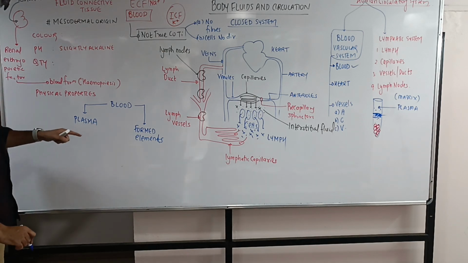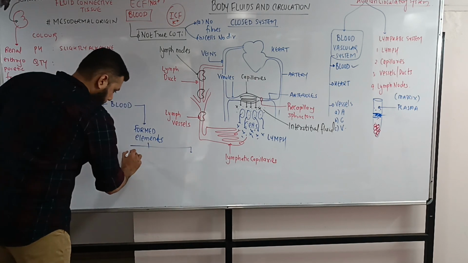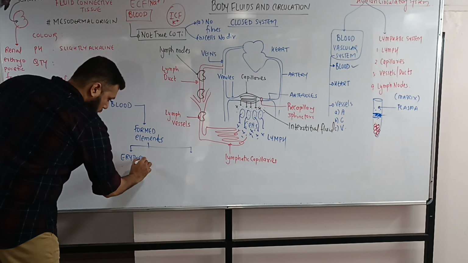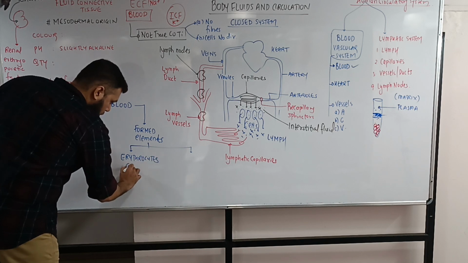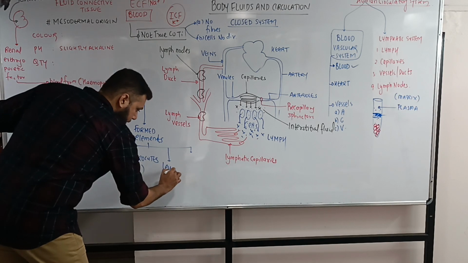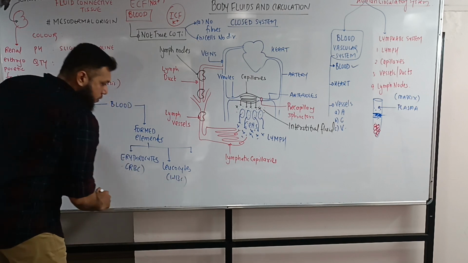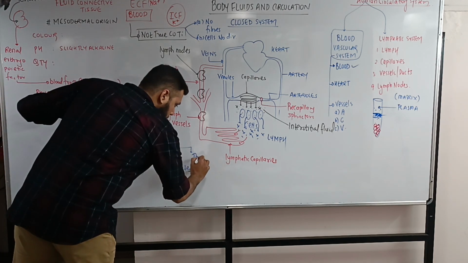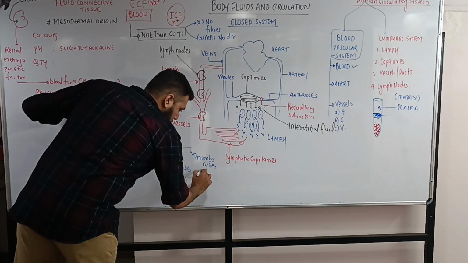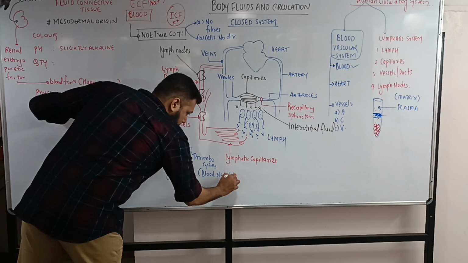These formed elements include the cells, that is the red blood cells or the erythrocytes, that is RBC; the white blood cells, which are called the leukocytes, that is the WBC; and the thrombocytes, which are called the blood platelets.